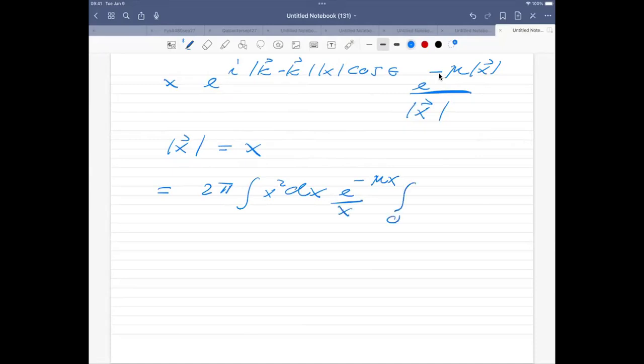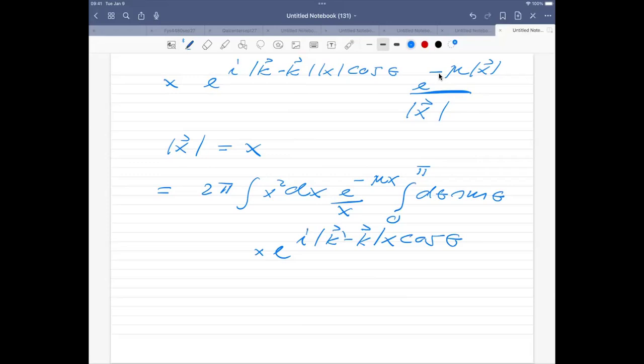And then I get a factor of 2 pi because there is no phi dependence. And then I have a d theta of sine theta multiplied with e of i, and now it's the absolute value here of k prime minus k, multiplied with x times cosine theta.